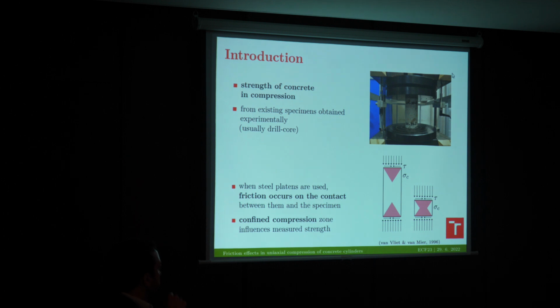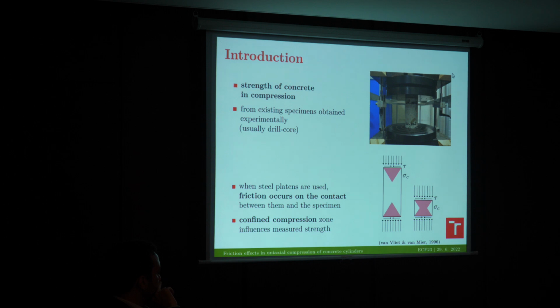Now, if we take a specimen of a larger slenderness ratio, such as the one on the left here, the zone of confined compression is depicted by the pink color. And this specimen is going to fail by splitting cracks. The zone of confined compression doesn't play an important role.